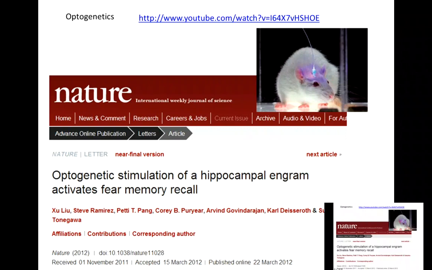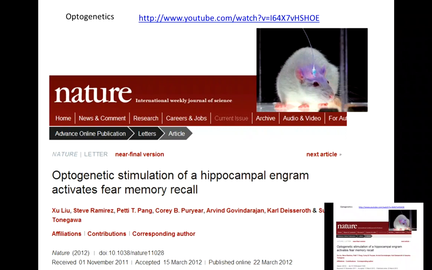This is a little fiber optic source of light going right into the brain, such that without a tone, they can just activate that cell with a pulse of light, causing ion conduction and nerve impulse, action potential, and they can get the mice to freeze.